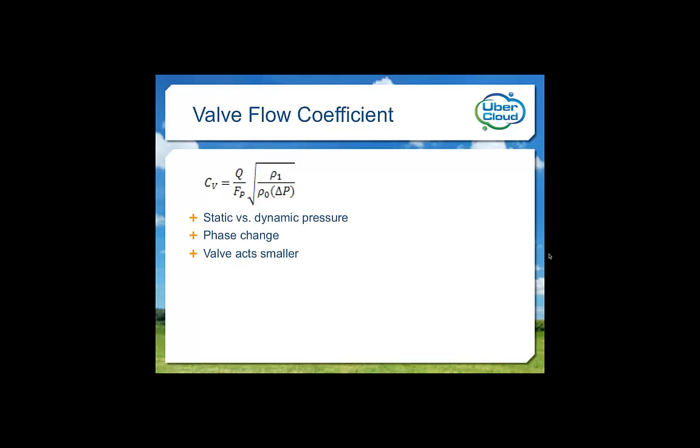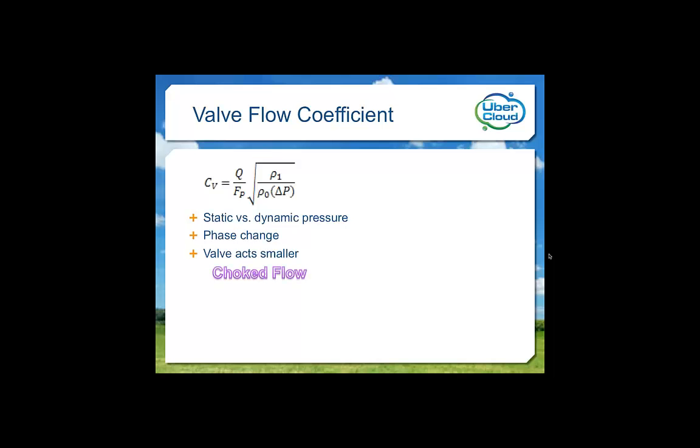As pressure drop increases along with velocity and dynamic pressure, the static pressure of the fluid falls and can hit the vapor pressure. The resulting phase change, followed by another as the pressure recovers in the valve body, appears as increased restriction. Above some differential pressure, the flow does not change.